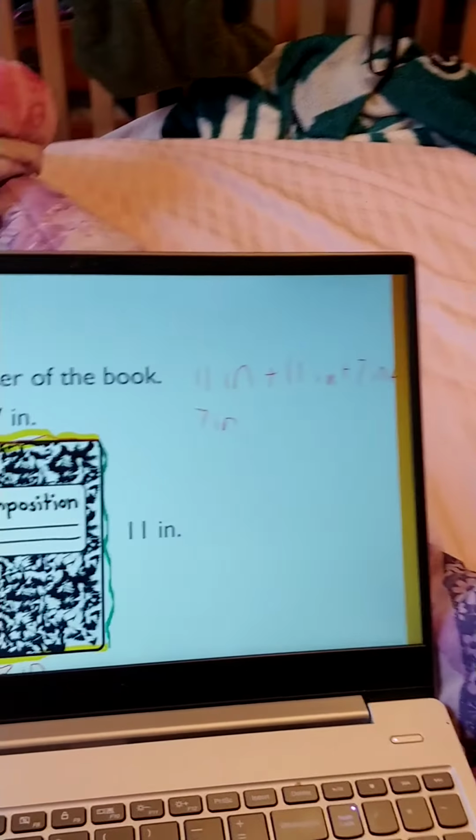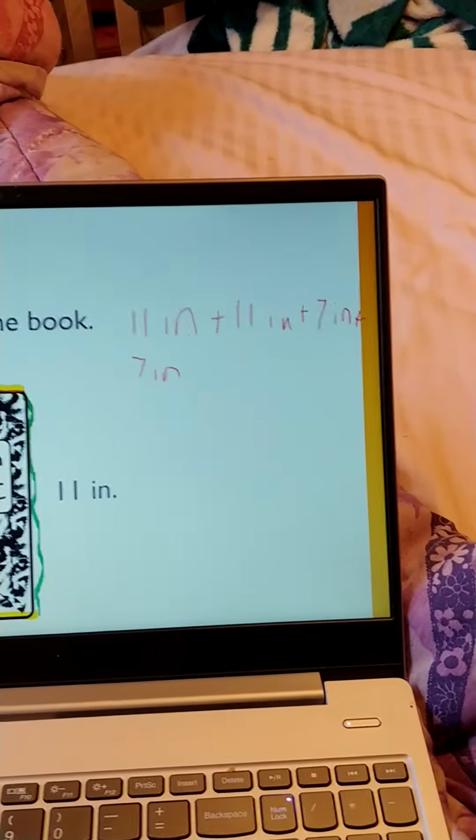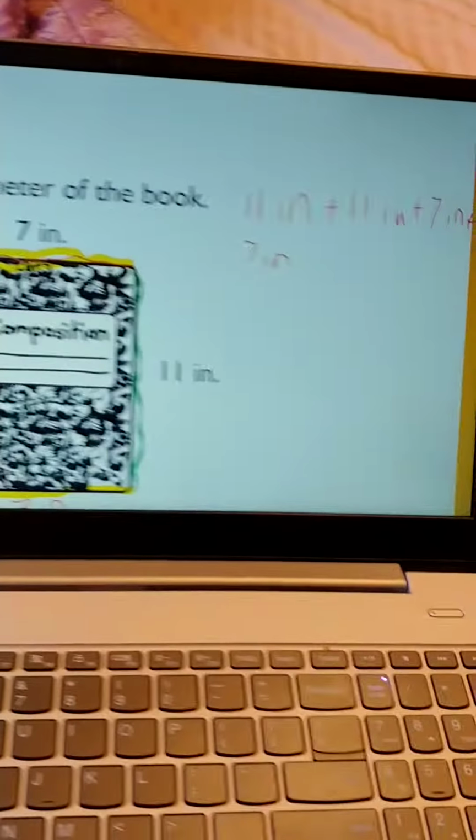Now that's a lot to add together all in one sitting, so we're just going to break it apart.